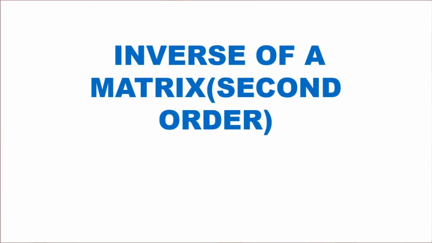Inverse of a given matrix. That is just the second order that is needed here. You don't need the third order for inverse in your maths, but in further maths it is necessary. Now, what is an inverse of a matrix?